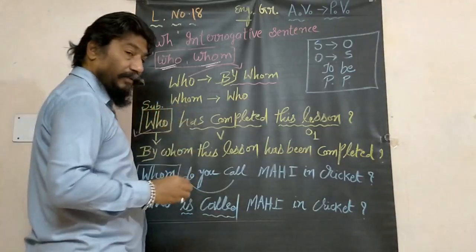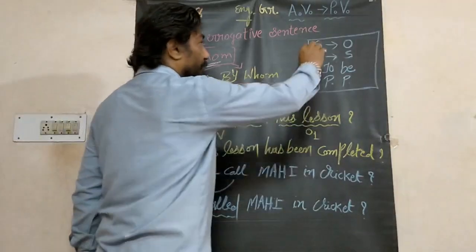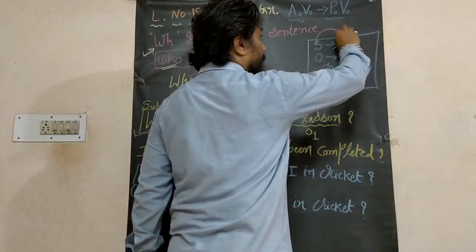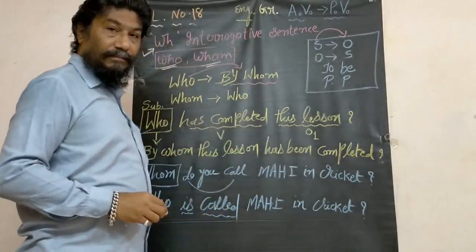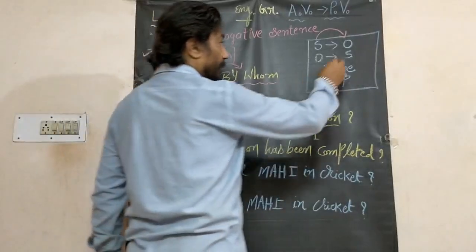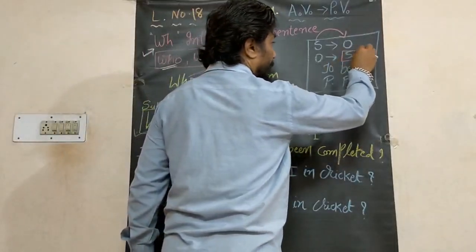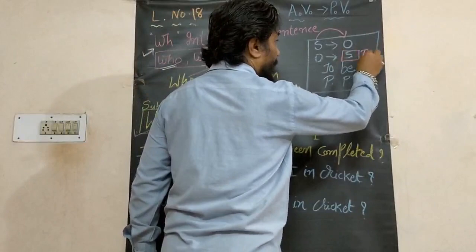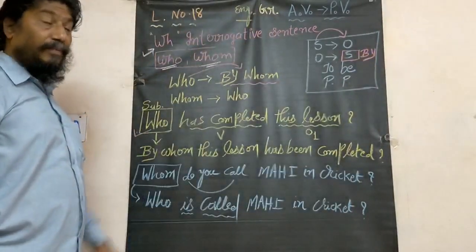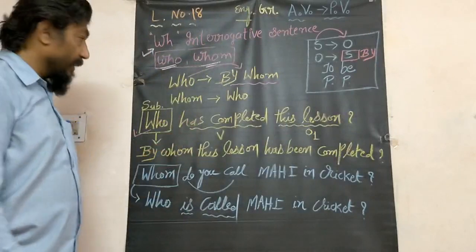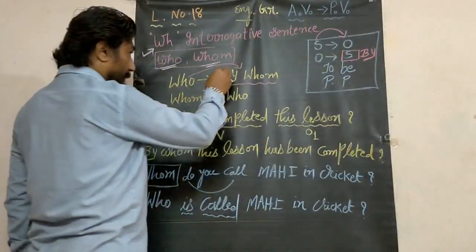Subject is equal to doer of an action. એ જ વસ્તુ તો અહીંયા લખી છે. S should be converted into O. And just before S here, we have to add by. Before S, we have to add by. The same thing is here.